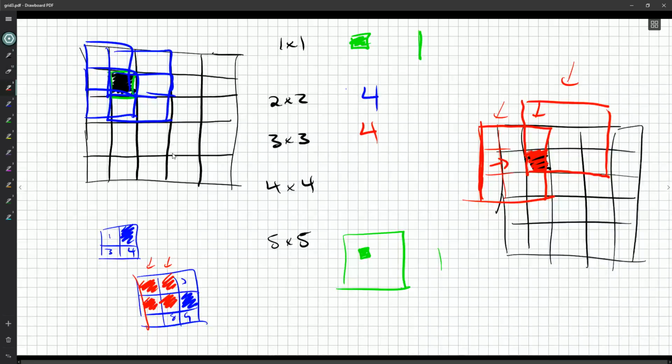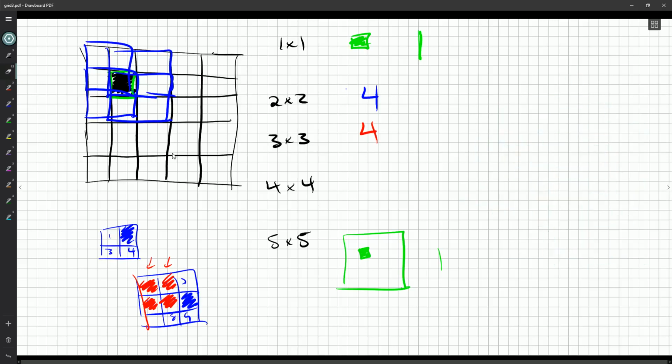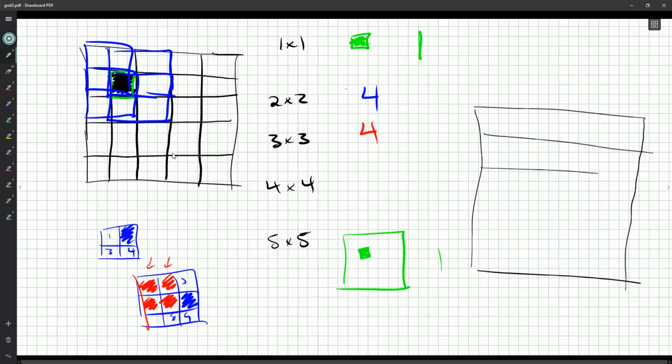That's good. There should be at least one 4x4 that works. Question is, are there more? And absolutely there are. So now we start thinking, okay, how can I place a 4x4? And the same sort of restrictions will apply to the 4x4s as applied to the 3x3s.